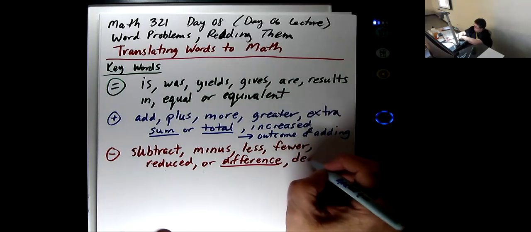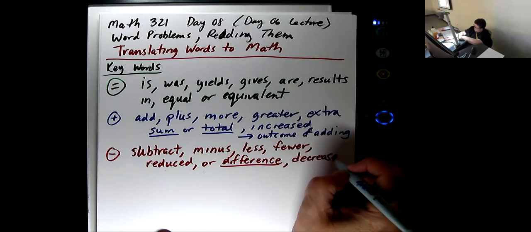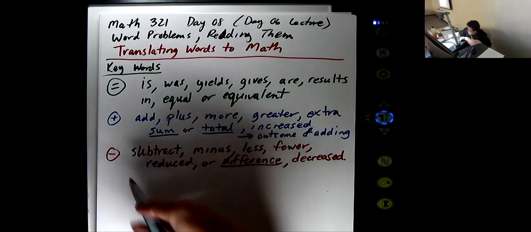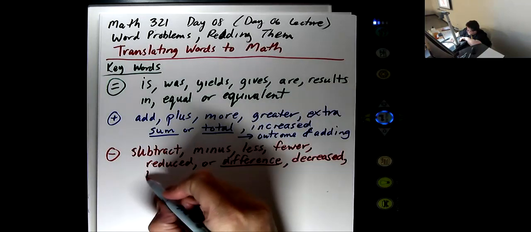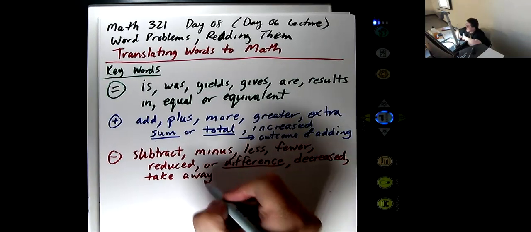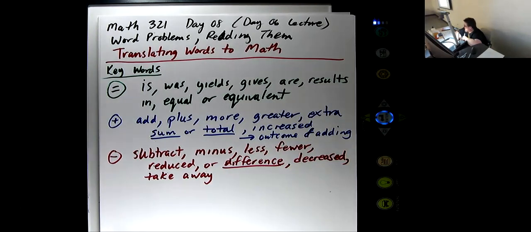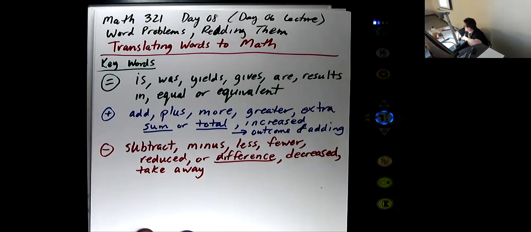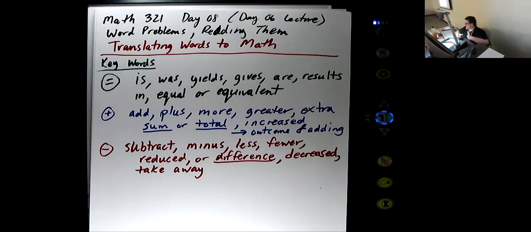Decrease also represents taking or take away. Although I strongly suspect we won't see take away. That's how we talk about it with a 6-year-old. 7 take away 5. But if the problem's worded correctly, it won't sound like you're talking to a child, and take away might work.